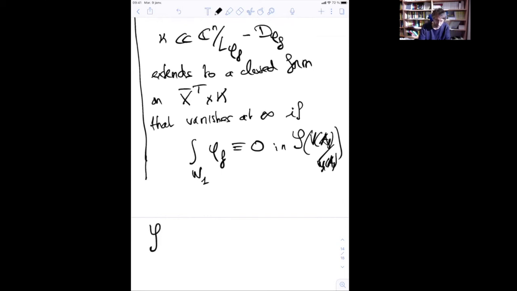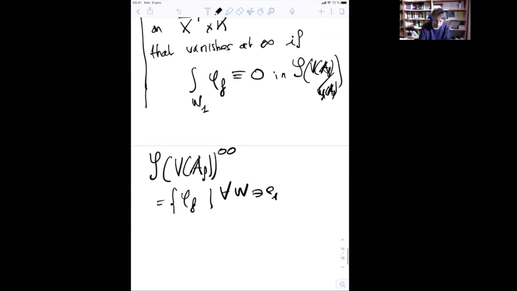So we introduce the following notation. This is all the finite Schwarz functions that satisfy, for any W that contains E_1, that the integral of phi_f is constant equal to 0 if you take the average on this finite space.